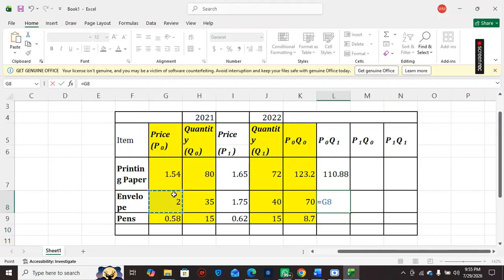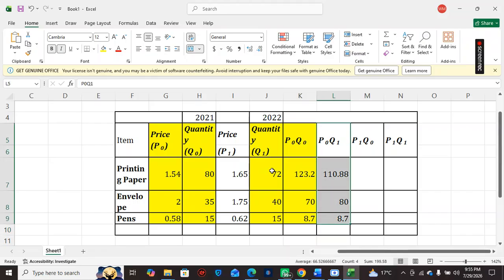The price of 2021 for envelopes, 2 kwacha multiplied by the quantity of envelopes for 2022, and it is there. The price for the pens for 2021 multiplied with the quantity of pens in 2022, 8.7 there. Are we okay with this, colleagues? Any questions?